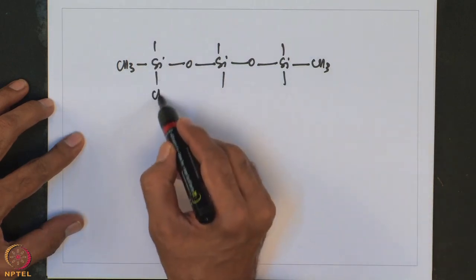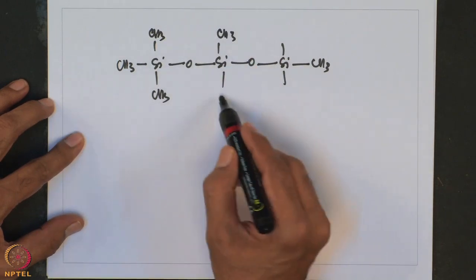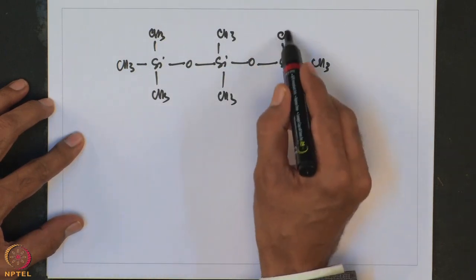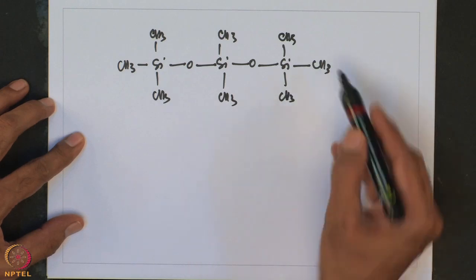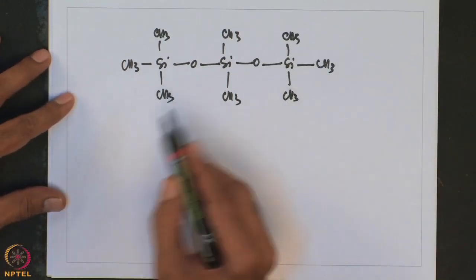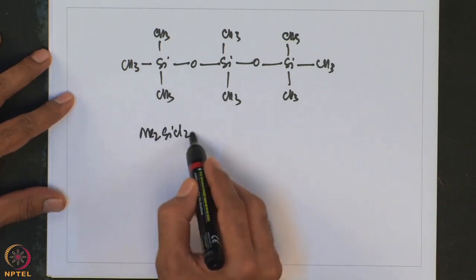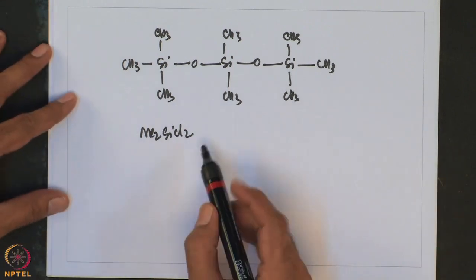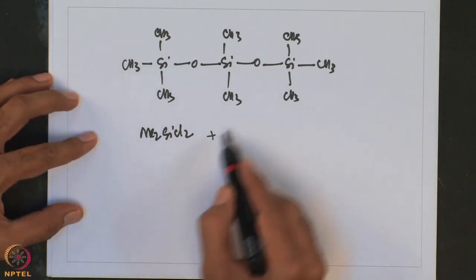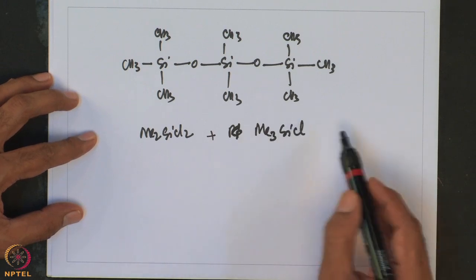So, while performing this reaction, what we need is Me2SiCl2 hydrolysis and then condensation. At some point of time for this one, if we add Me3SiCl, we can terminate it.